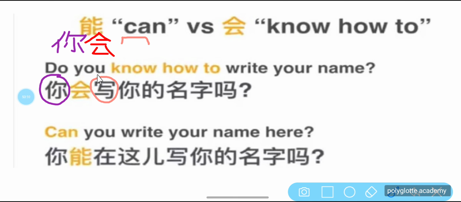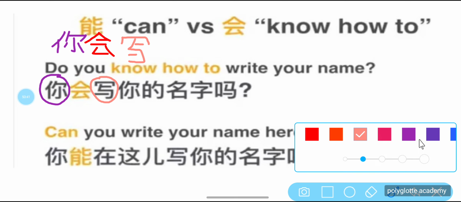That's why I always love to highlight the characters before I write them, so you can see which character I am to write. Maybe it's the mouse that is disturbing, but we are going to write the character xiě, which is to write.